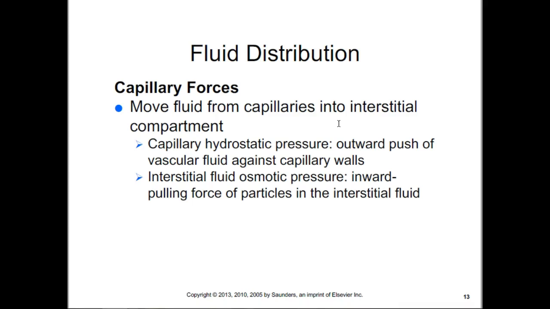Now, remember that in your blood, you have to have a certain amount of proteins that are going to help your osmotic pressure. So if you had a condition like hypoproteinemia, you're going to have a problem, because your hydrostatic pressure is the same, but your fluid osmotic pressure is not going to drive the same way if you have low protein in your blood.